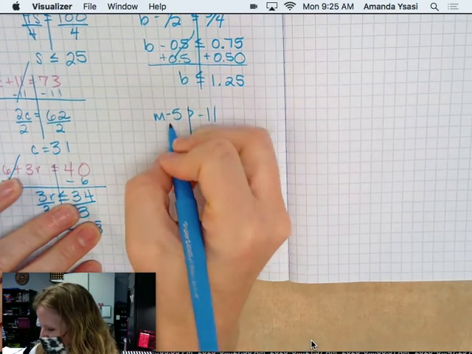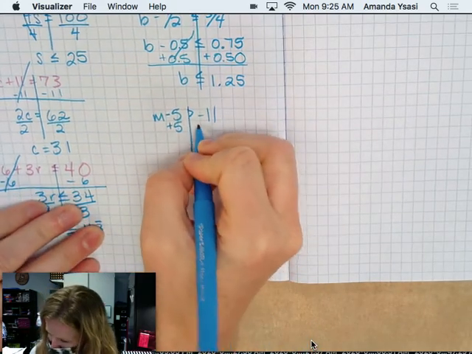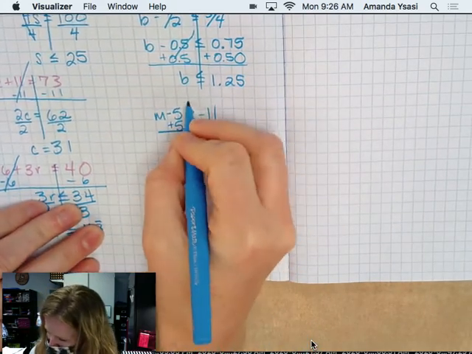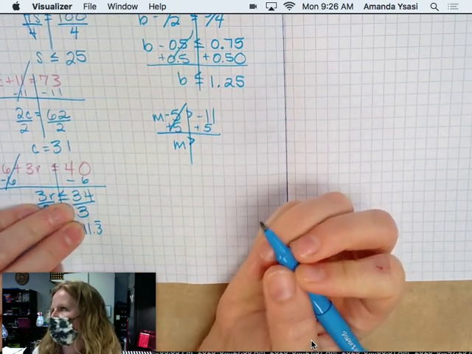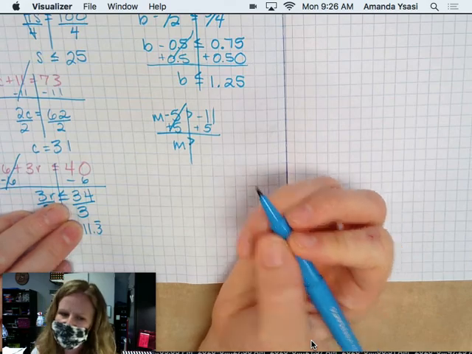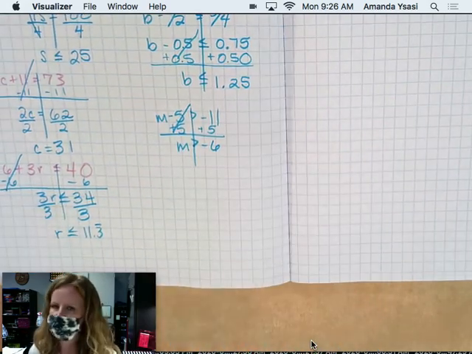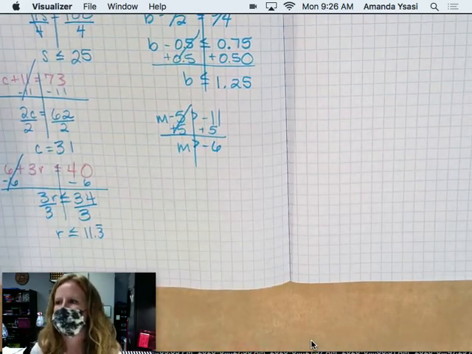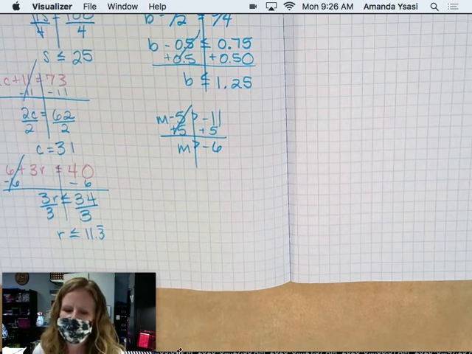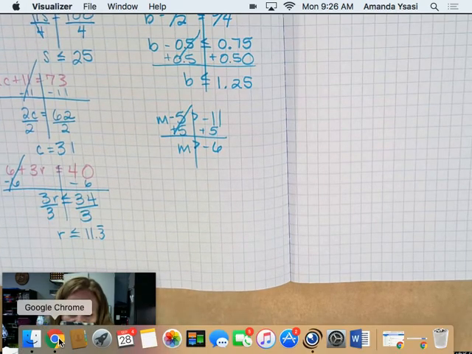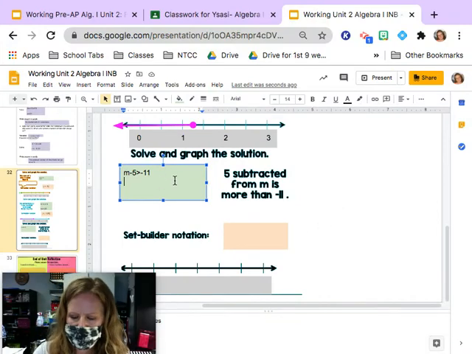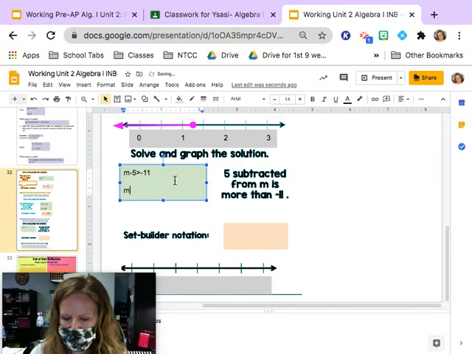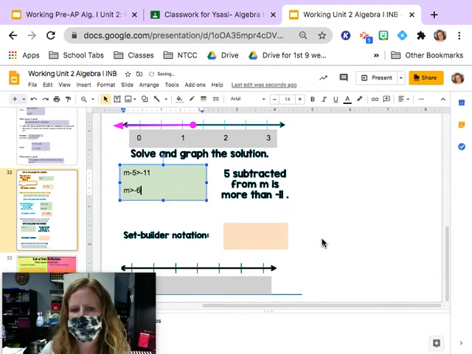So then we add 5 to both sides. m is greater than negative 11 plus 5. Negative 6. So m is greater than negative 6.